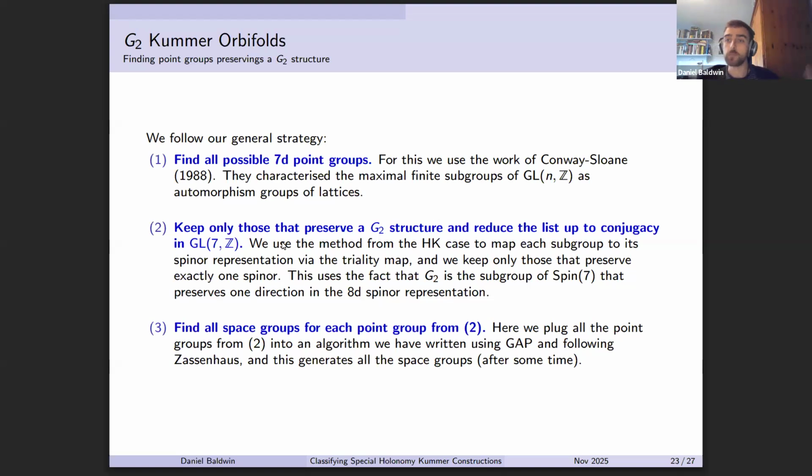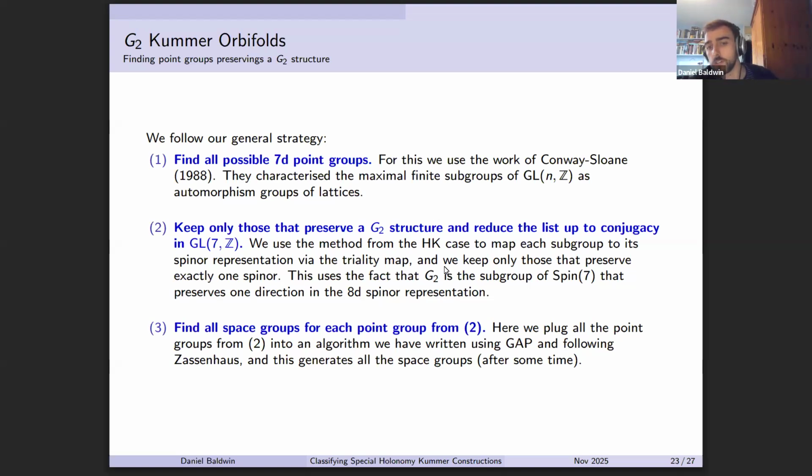Then in step 2, we want to keep only those groups which preserve a G2 structure and then reduce the list up to conjugacy. I won't go into detail, but we can use the same method I mentioned before using the triality map. We take a given point group, map it to its spinor representation using the triality map, and keep only those groups that preserve one direction in their spinor representation.